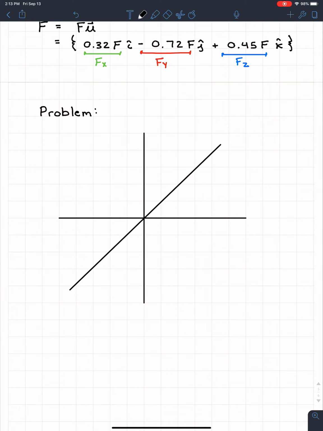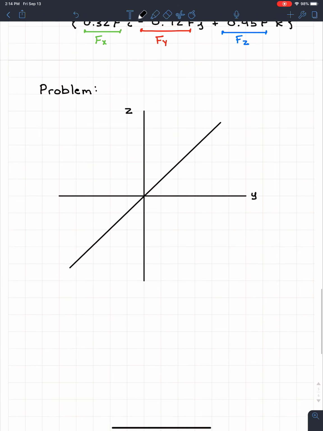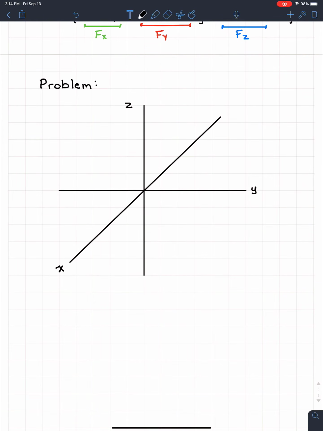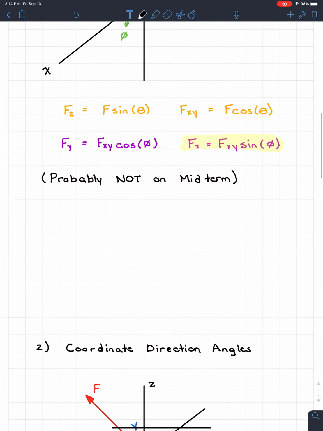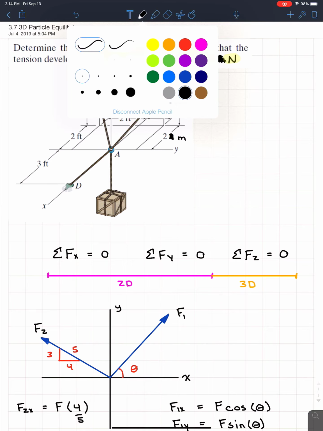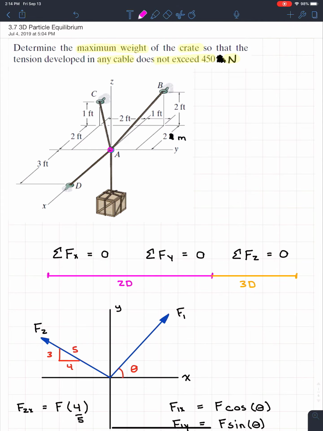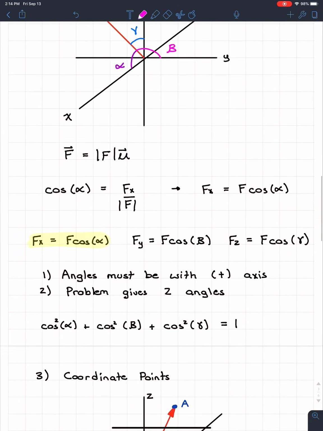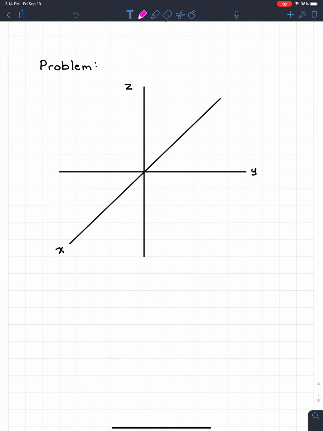First thing about these axes, I'm going to have to label which one is positive. So of course we've got our Z, Y, and our X. If we look up here at particle equilibrium, we know everything's going to happen at a certain point. That point right there is actually going to be A. Everything happens at point A. So I'm going to make my particle at the very bottom and highlight it, because that's where everything happens.